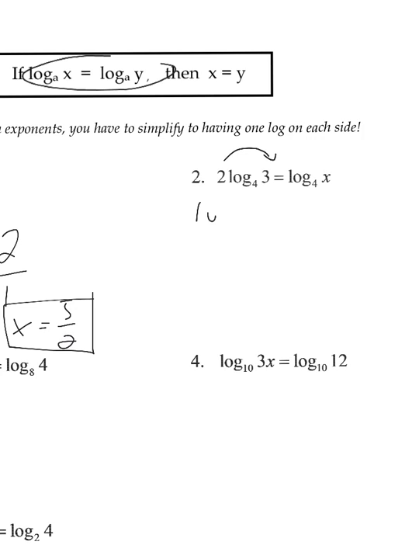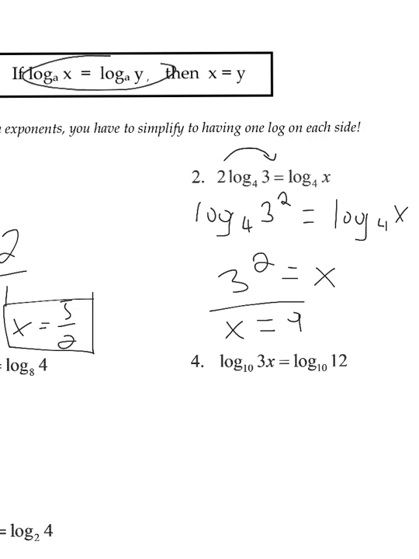So this would be log base 4 of 3 squared is equal to log base 4 of x. Now, I have same bases, base 4, base 4. That means that 3 squared is equal to x. And what's 3 squared? 9. So the answer is x is equal to 9.